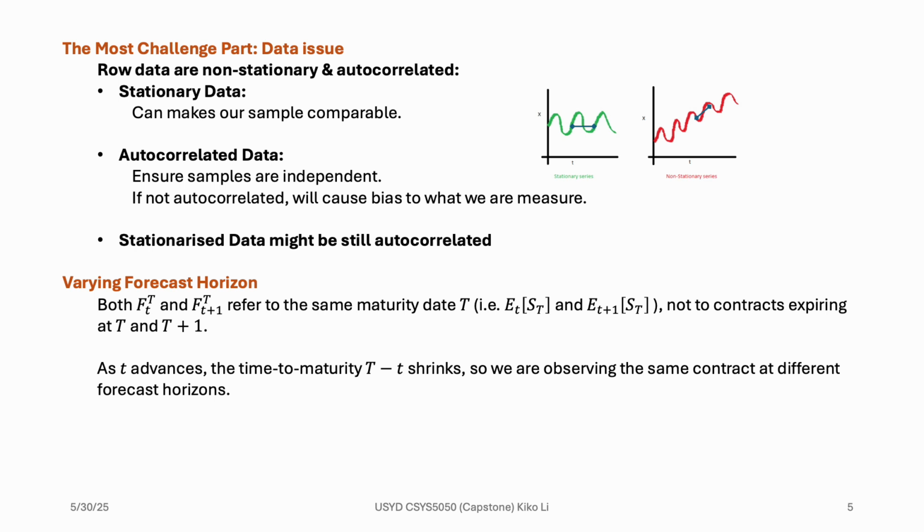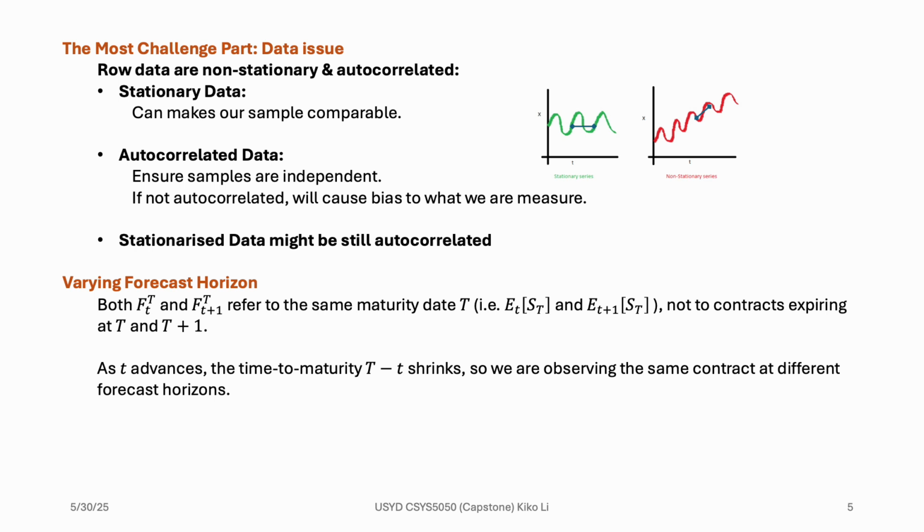First, raw price data are both non-stationary and autocorrelated. Non-stationarity means the level and variance of price can drift over time, so comparing different periods directly isn't valid. Stationarized data allows us to make our samples comparable when we're doing data analysis.